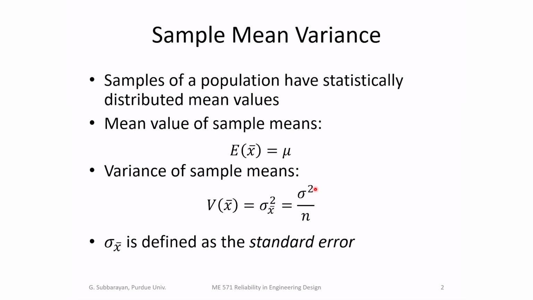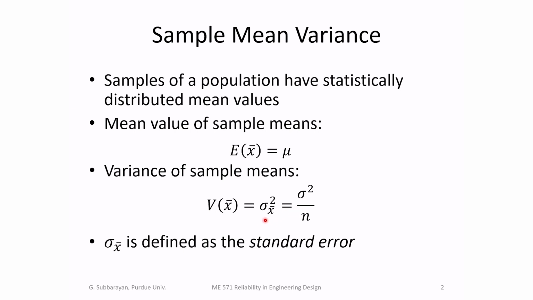We will try as far as possible to not use this sigma notation for standard deviation. We'll try to use S for standard deviation, but since it's common to use sigma for population standard deviation, we will use that wherever we have to refer to population standard deviation, as in this particular statement here.